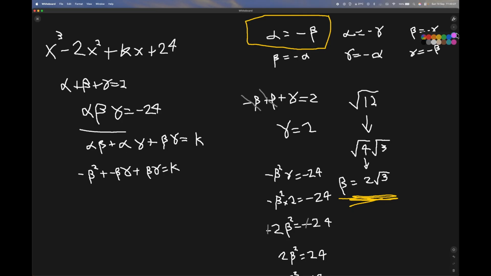Where do we see that? We saw that over here. So now let's substitute in gamma is equal to 2. So negative beta squared plus negative beta times 2 plus 2 beta is equal to k.